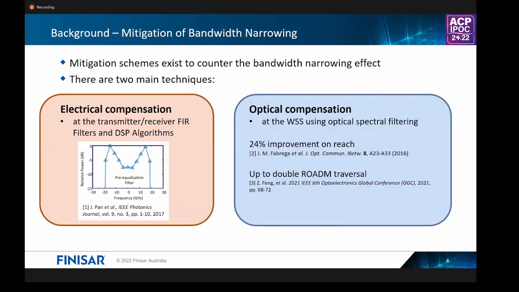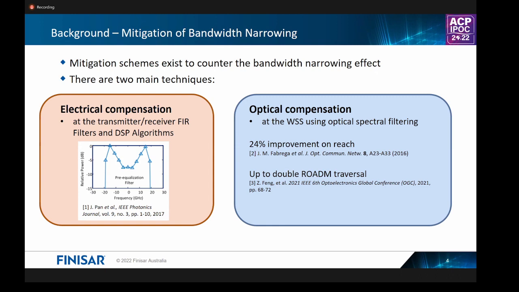So what do we do about this? How do we counteract this bandwidth narrowing? There are two main techniques. We can use what's called the electrical compensation method, where we apply DSP algorithms and FIR filters in the electrical domain at the transmitter and at the receiver.